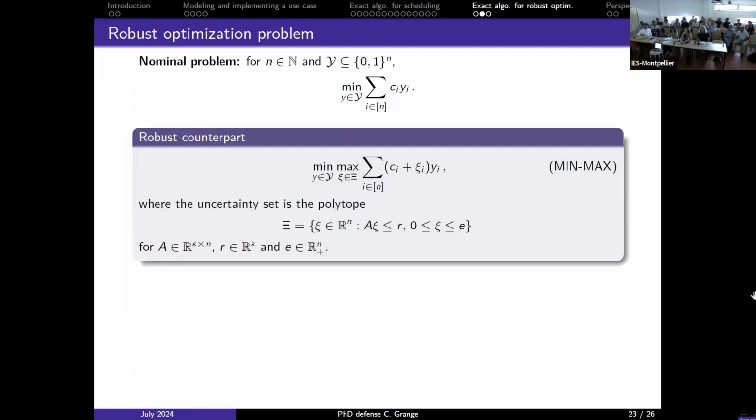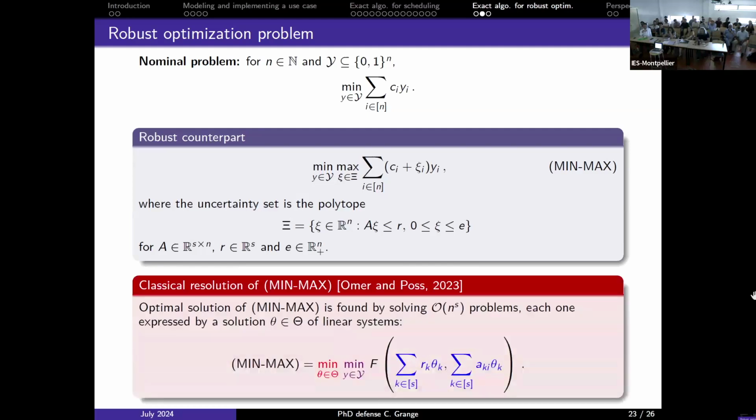So here it is represented by the fact that we minimize over y the maximum deviation of the cost vector that we can have. And here we say that the deviation c lives in the polytope C. And this polytope is described by a matrix and a dimension, etc.